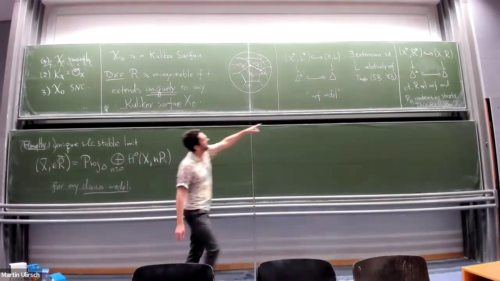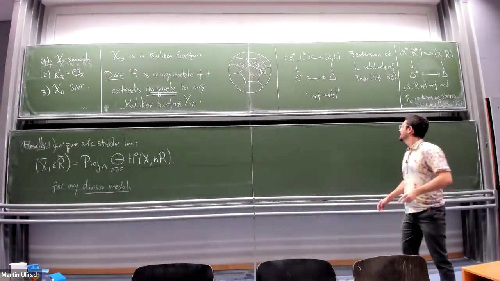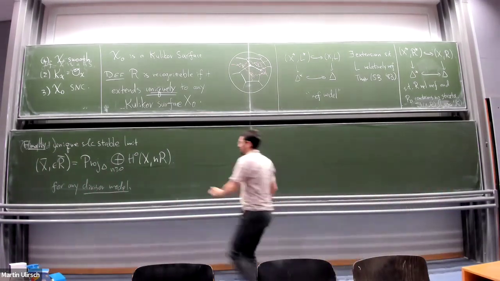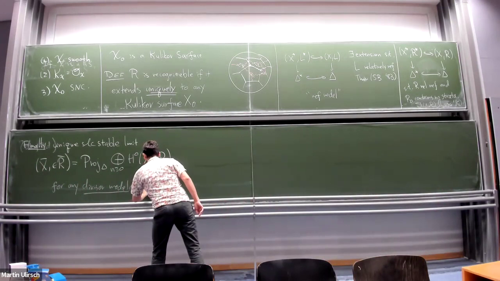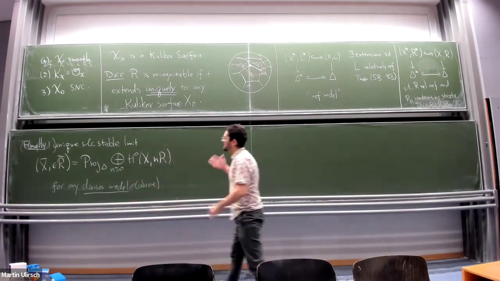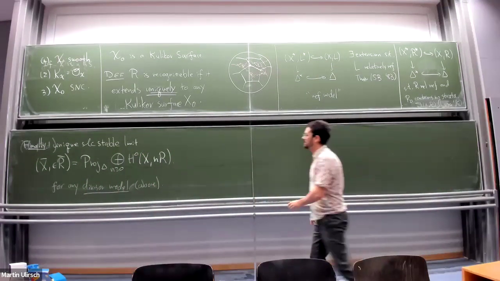Okay, this is what I wrote over there. So it gives a method to compute the unique SLC stable limit.